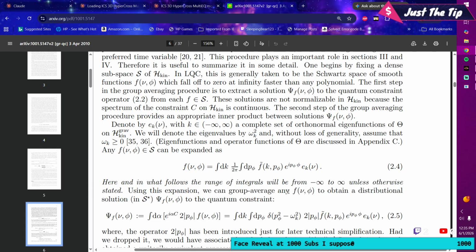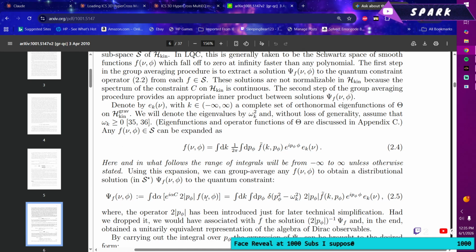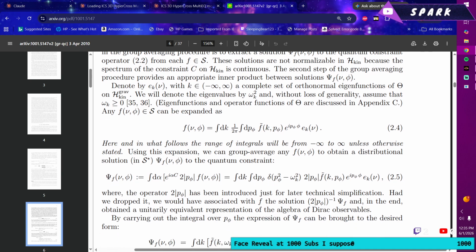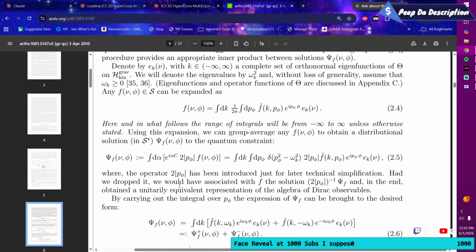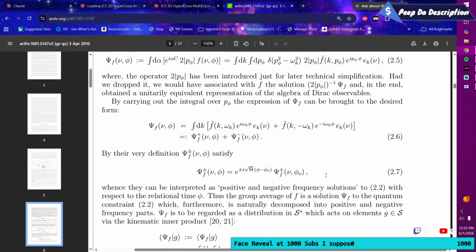Using this expansion, we can group any average function of v and phi to obtain a distributional solution. Then we have phi plus and minus.